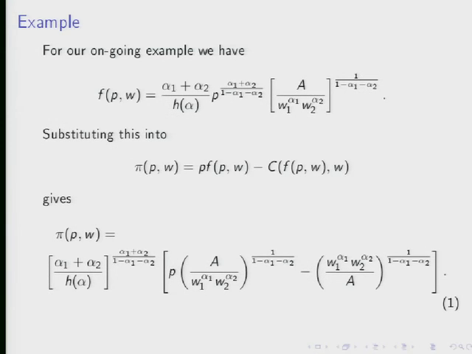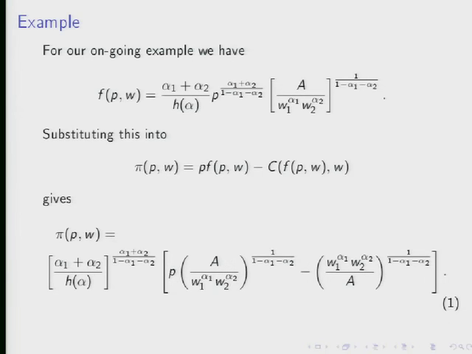And then here, in the cost function, I've got an expression up there that involves w1 to the alpha 1, w2 to the alpha 2, all over a, raised to the 1 over alpha 1 plus alpha 2 power, times h to the alpha. This, in fact, is just equal to alpha 1 plus alpha 2 times this function h of w, alpha that I've defined, I believe.